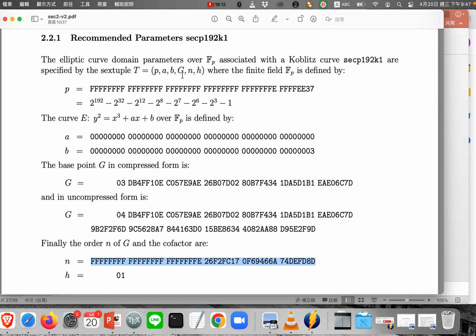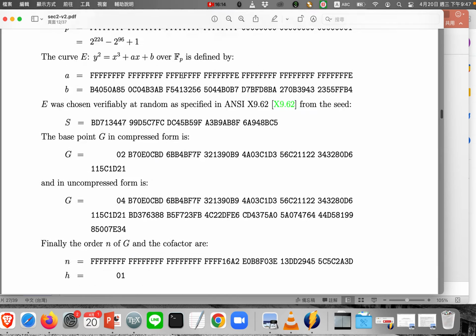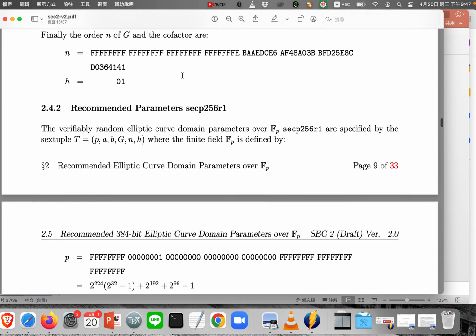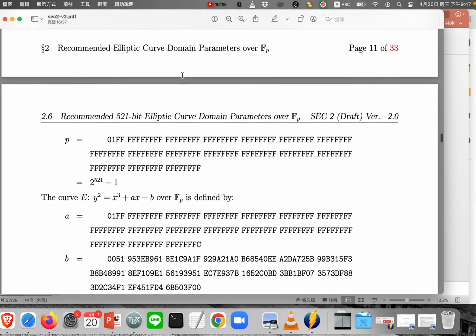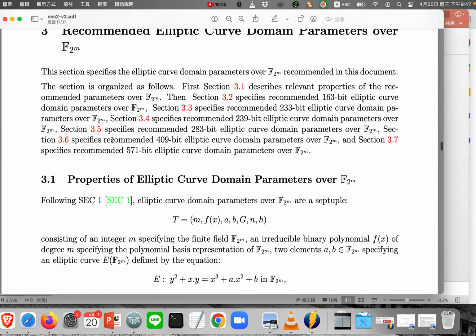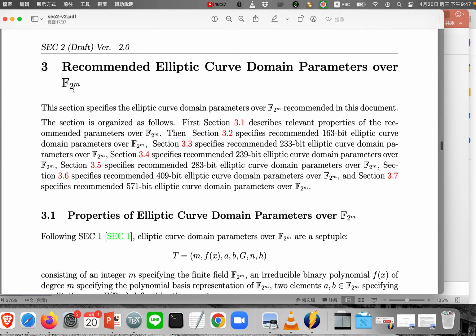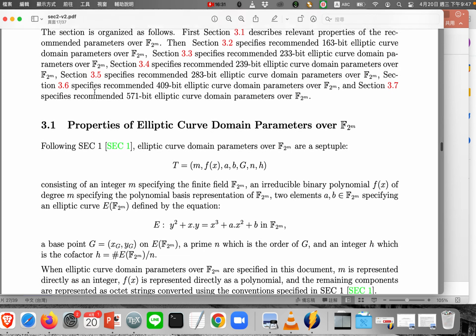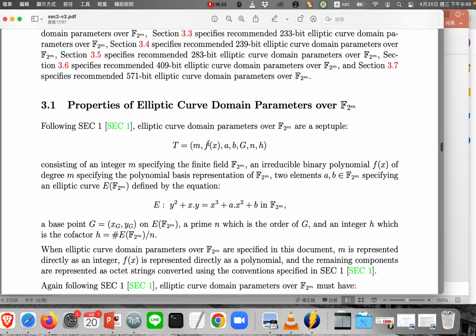Now let's take a look at another example of an elliptic curve over a finite field, a binary field. Now this is a binary field, F2 to the power of m, and we need these parameters to represent a curve.